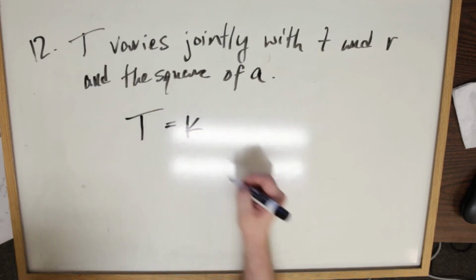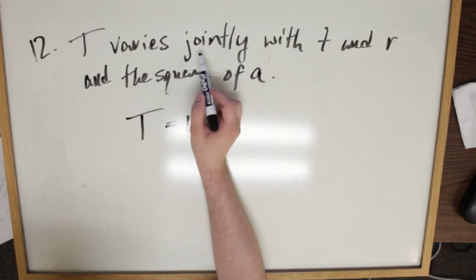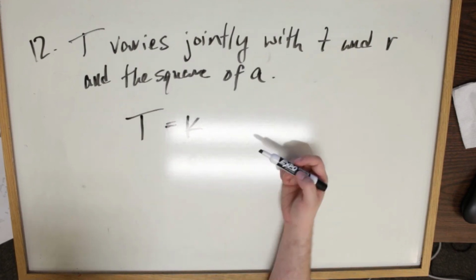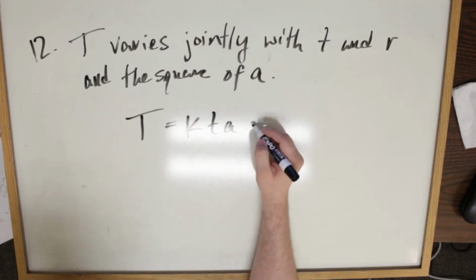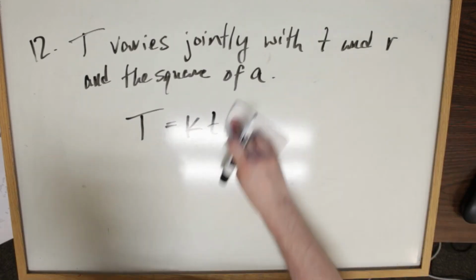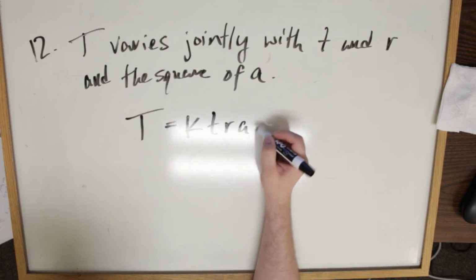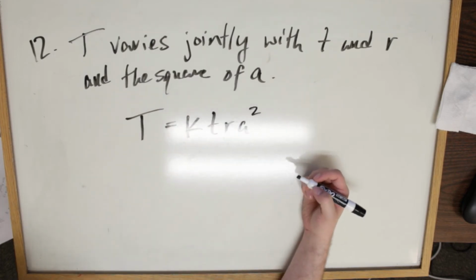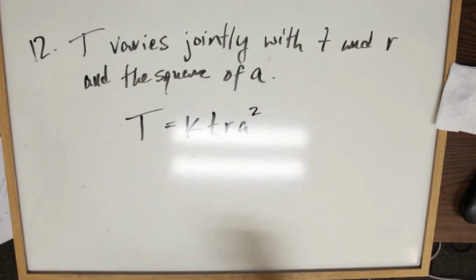Our k is automatic. Joint variation, so varying jointly means that they're all going to be just right next to each other. So we've got T equals k times R times A squared. It would be different if it said square root, but it says square, so that's what we have.